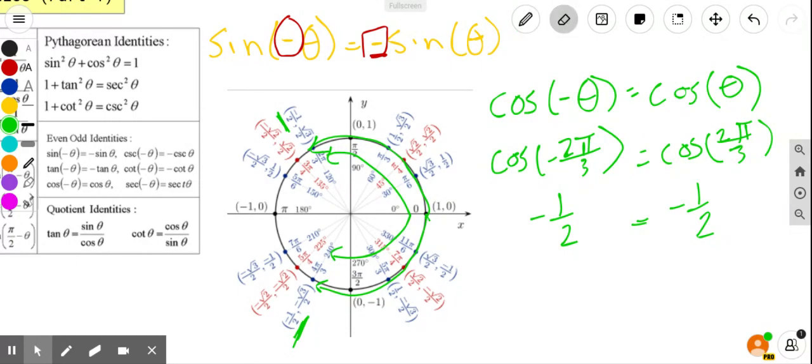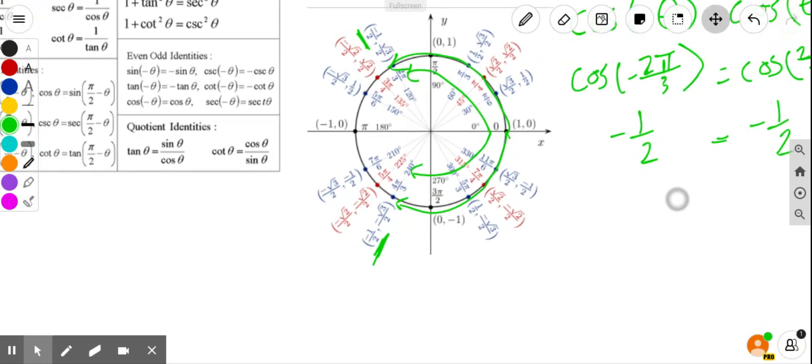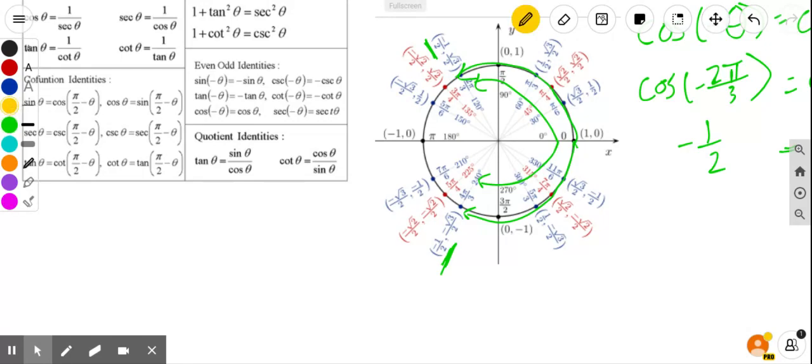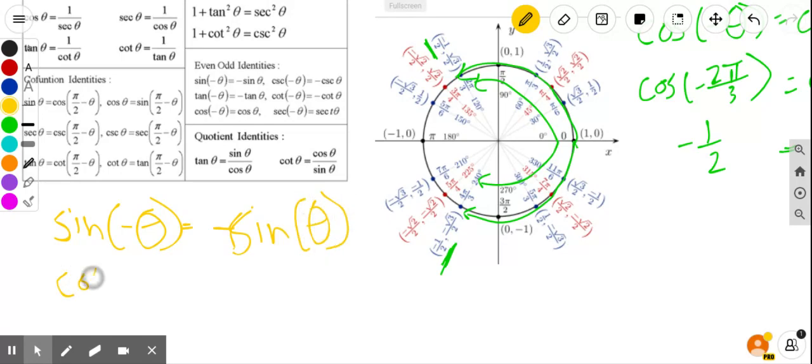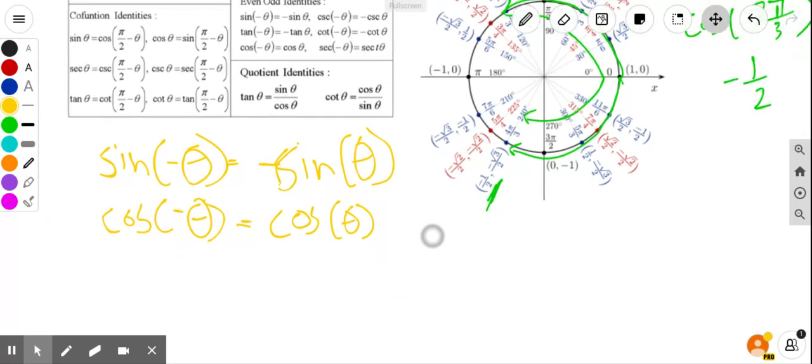So now let me show you how to use some of these trig identities. We're going to use the fact that I know that sine of negative theta is equal to negative sine of theta, and that cosine of negative theta is equal to cosine of theta. So that's what I know.